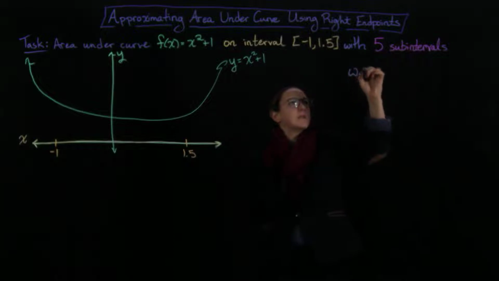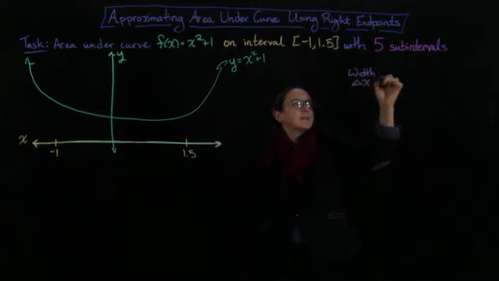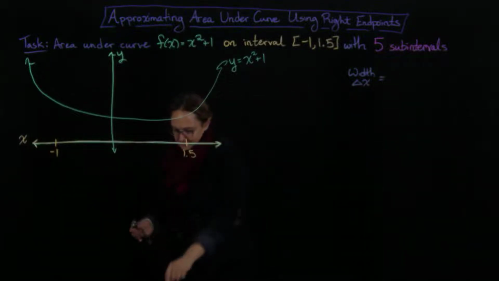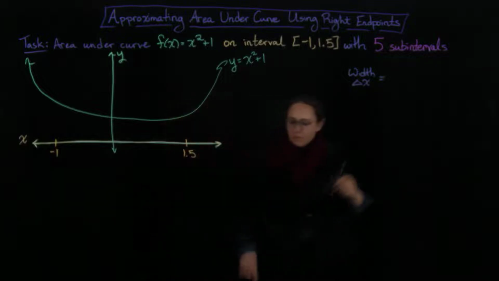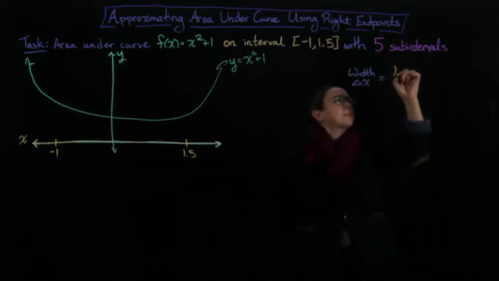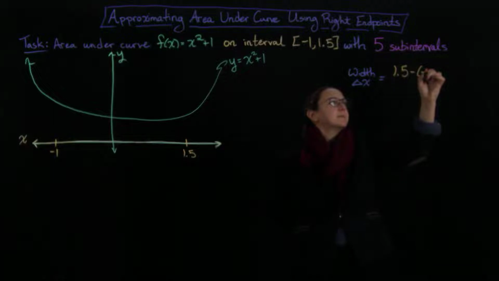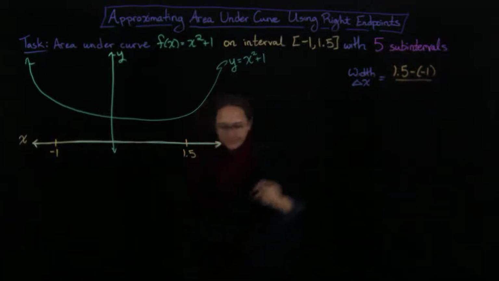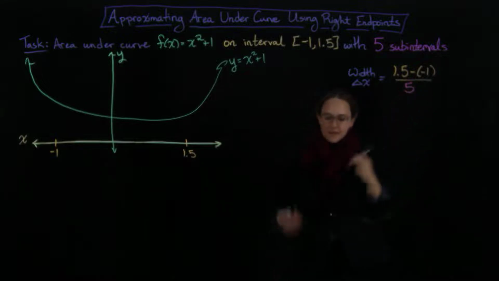We know our width, which we call delta x, is going to equal, we need our entire length, so we take 1.5 minus 1, and then we divide by the number of subintervals, which is 5. And we get 0.5.